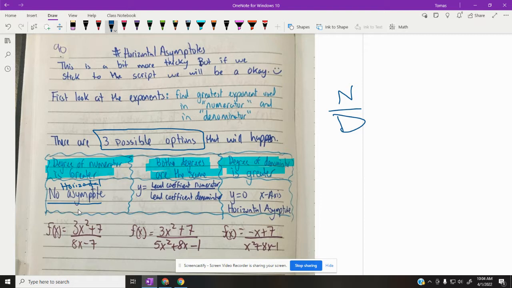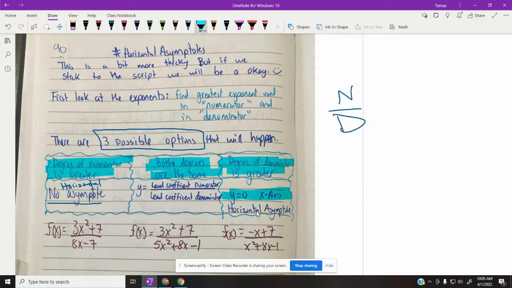We could have an asymptote that's an actual number, right? Something like 3 or 4 or negative 8. Or we could have a horizontal asymptote of 0, which is the x-axis.